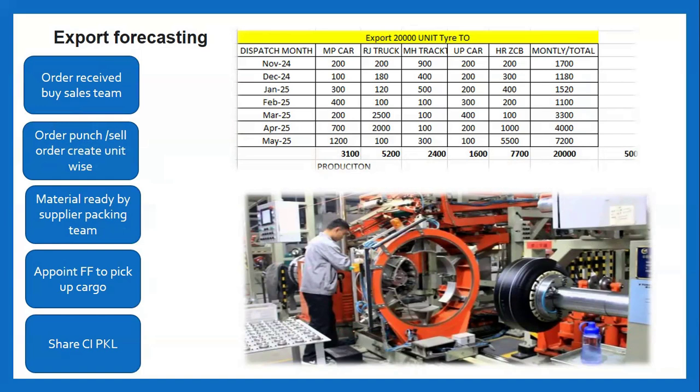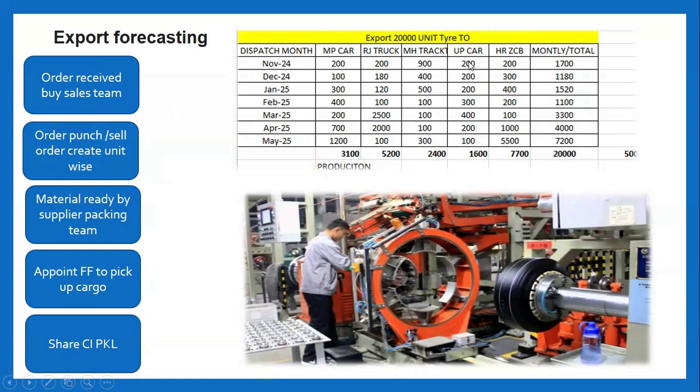You can see on the screen this order needs to be completed in a classified manner by tire type. In MP there is the car tire manufacturing unit, in Rajasthan the truck tire manufacturing unit, and in Maharashtra the tractor tire manufacturing unit.